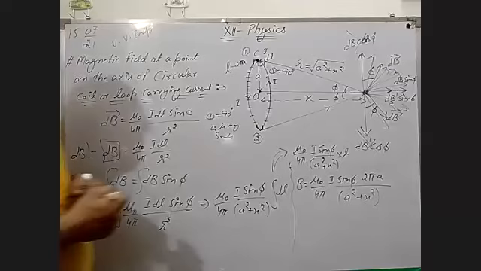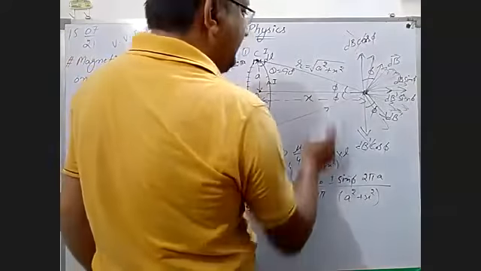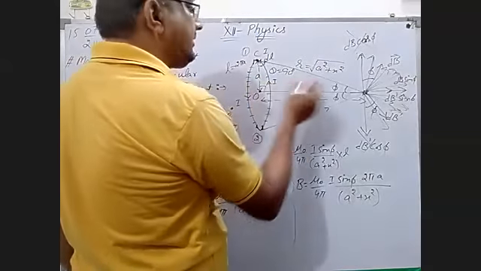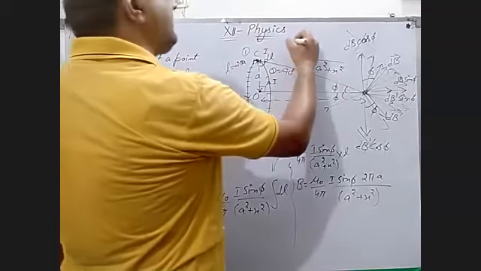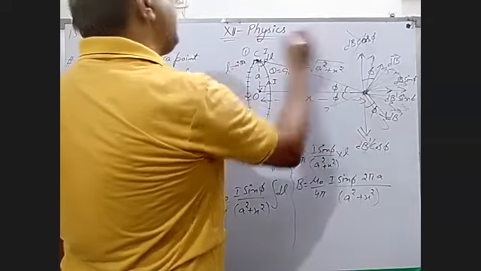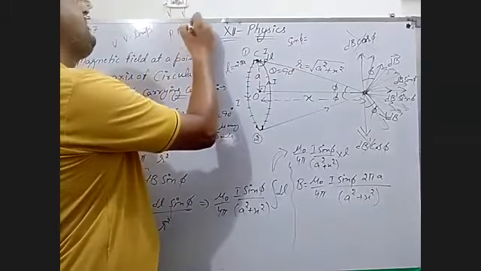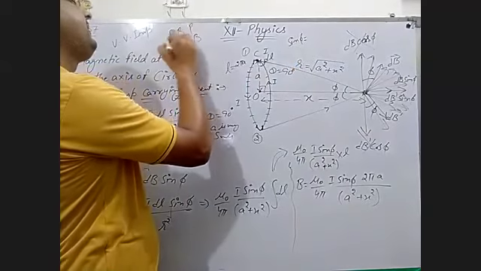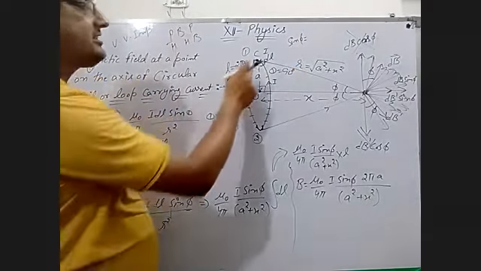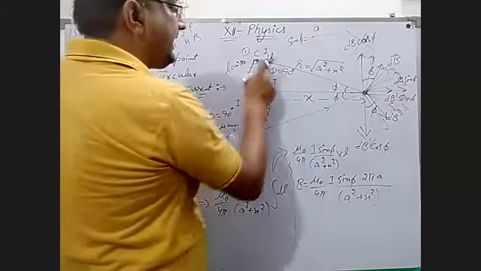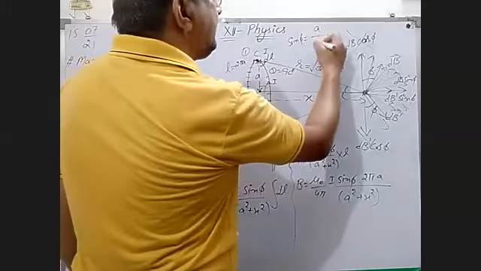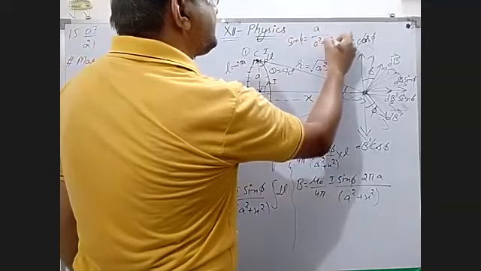Now take the value of sin phi from this diagram. This is a right angle triangle. Sin phi is what? You know this thing, perpendicular upon hypotenuse. A is perpendicular here, and hypotenuse value is under root a square plus x square.